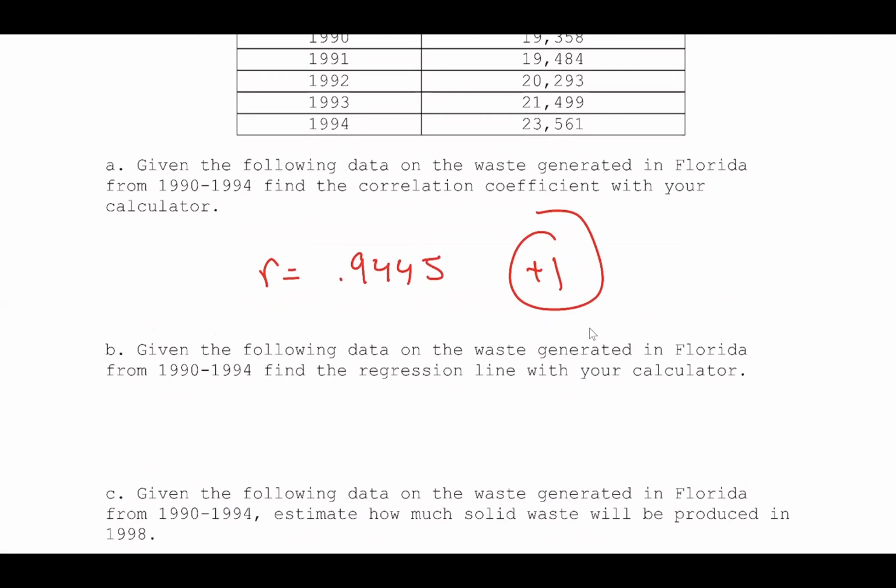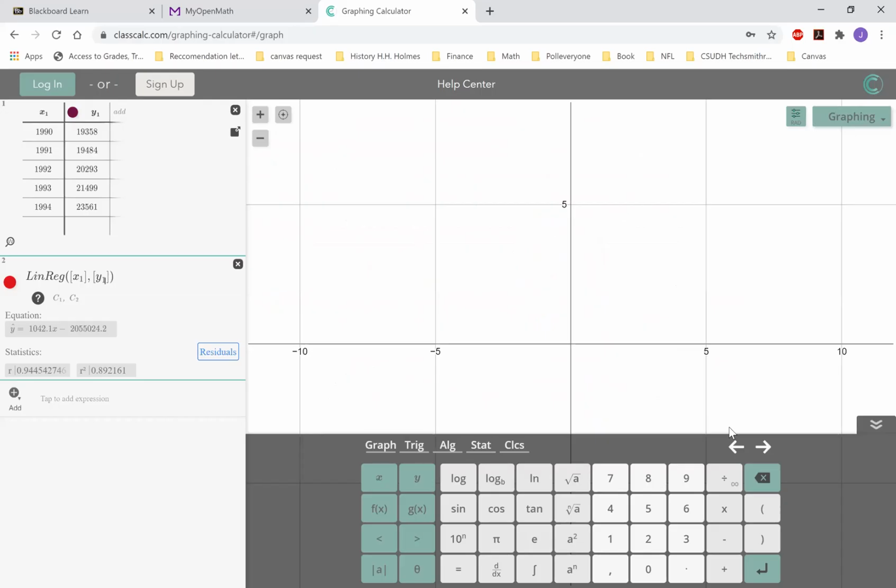It's not asking you to find the mean, standard deviation, R, slope, and y-intercept by hand. It says use your calculator to find the least squares regression line. So let's go back to Class Calc, where I already got that, because y hat is my answer.